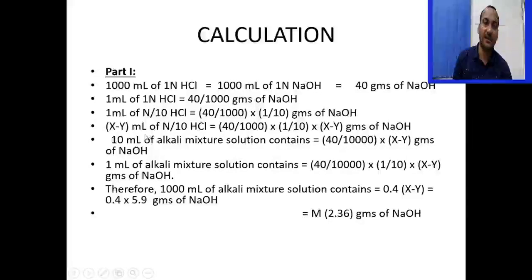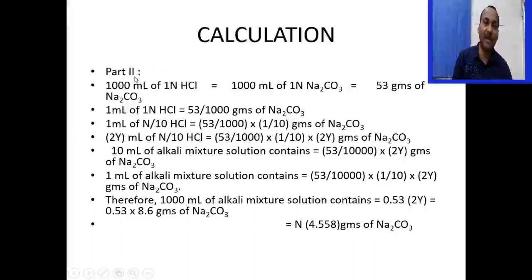That means 10 ml of alkali mixture solution contains this much sodium hydroxide. So 1 ml will contain this divided by 10, therefore 1000 ml of alkali mixture solution will contain 0.4 into (x minus y). We found x minus y is 5.9 ml, so 0.4 into 5.9 will be 2.36 grams of NaOH.